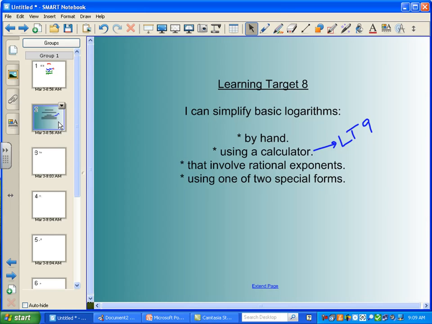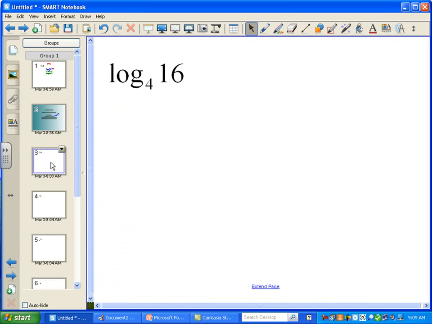So let's take a look at how to simplify a basic log by hand. For example, I've got this logarithm, log base 4 of 16. Just remember the question that it's asking. This is just shorthand notation, so that we don't have to keep writing over and over again, what do I raise 4 to get 16?